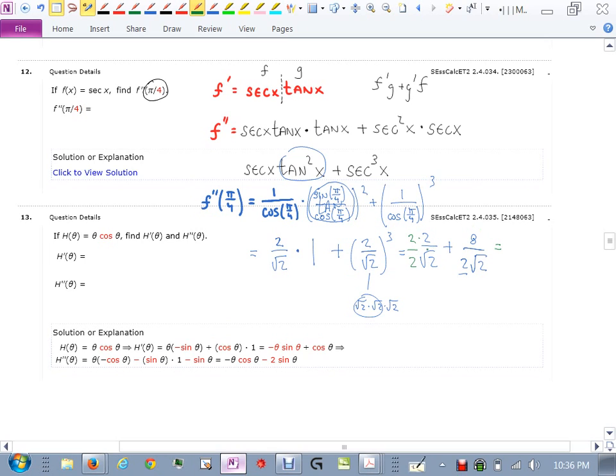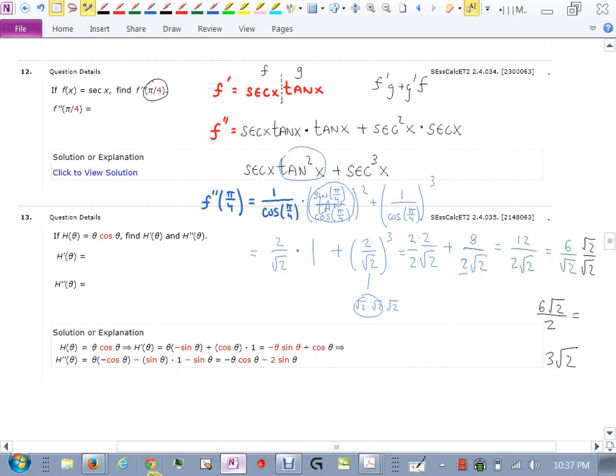So I get 4 on top plus 8, that's 12 over the common denominator 2 root 2, and then that's 6 over root 2. Geez, they probably rationalize this too. So they probably multiply root 2 on top and bottom, which will give me 6 root 2 over, root 2 times root 2 is 2, and that's just going to be, my goodness, 3 root 2.